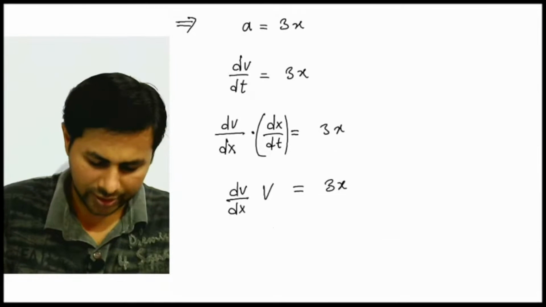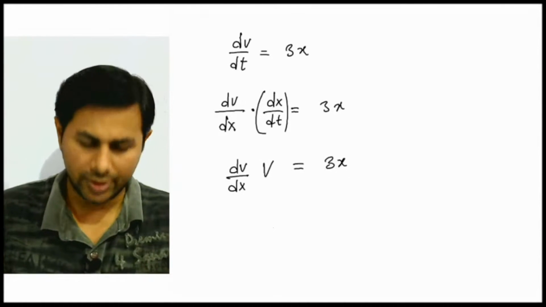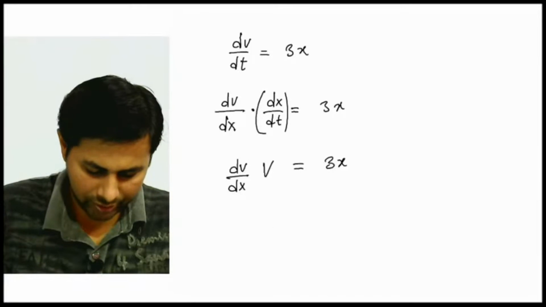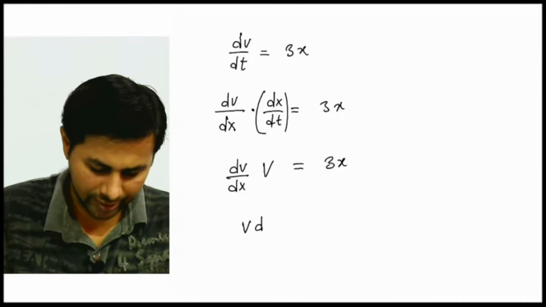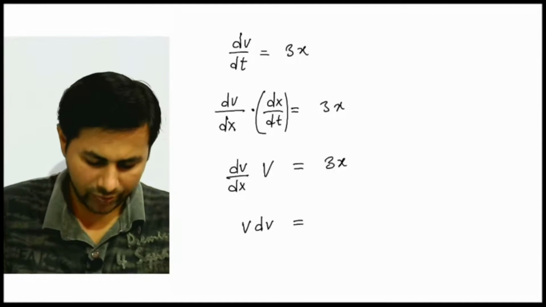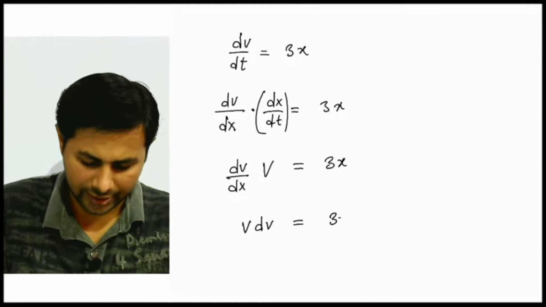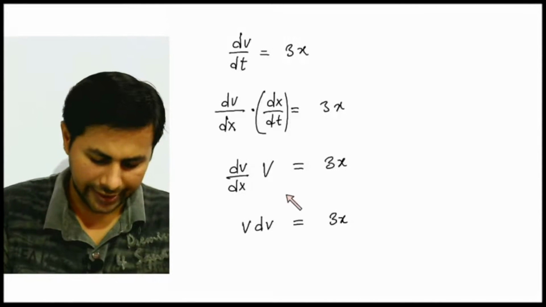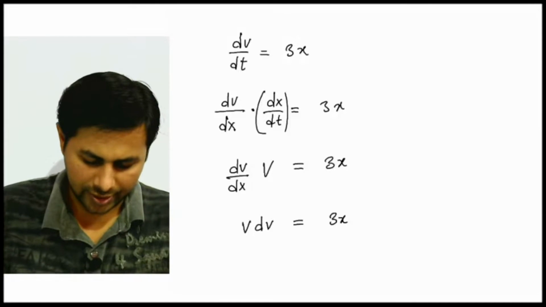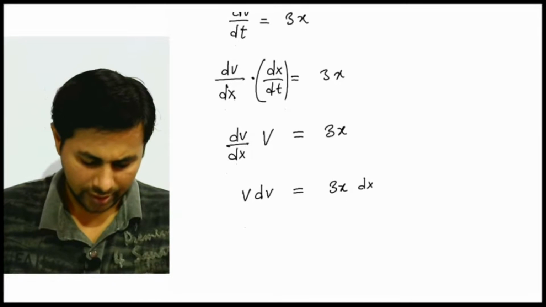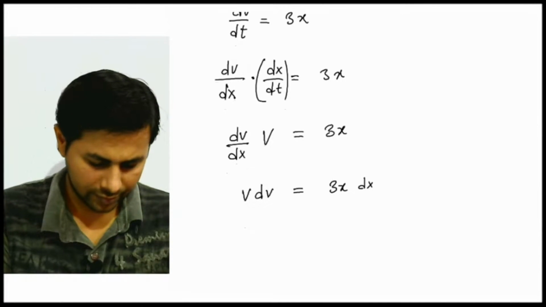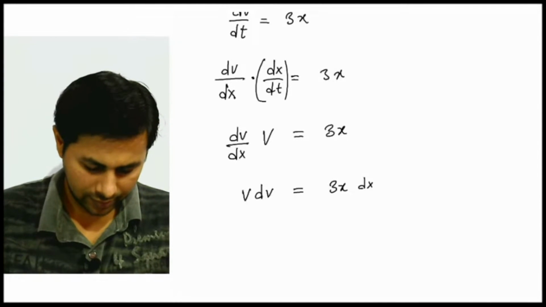And now to find out the relation between velocity and position, what we do is we separate the variables. So we have v dv equals to 3x, and I'm taking this dx on the other side. So 3x dx. Okay, and then I can integrate this.